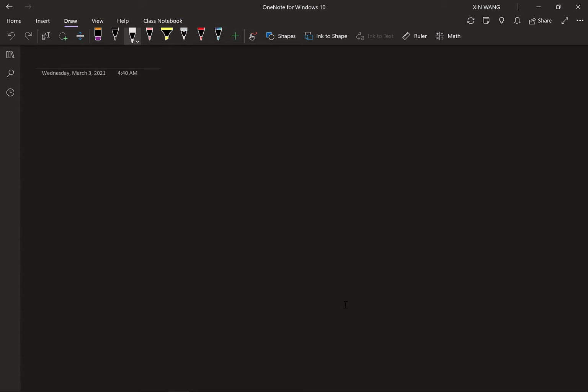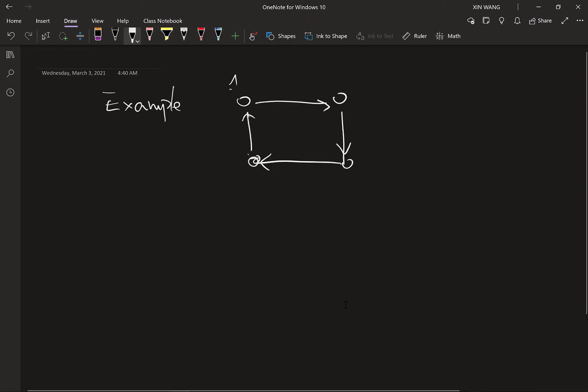So we can write out all the decision variables for a possible example. Let's see, we have a tour from 1 to 3 to 4 to 2, and then go back to 1. Okay, so that can give us the decision variables. i is from 1 to 4, and j is 1, 2, 3, 4.